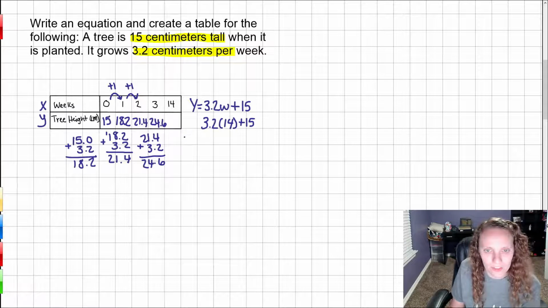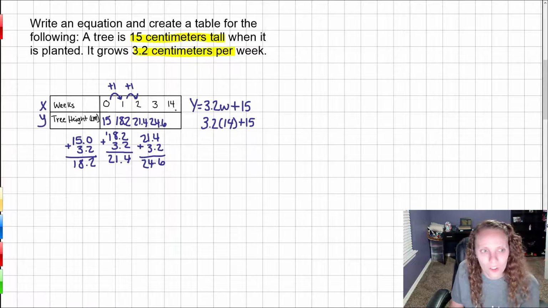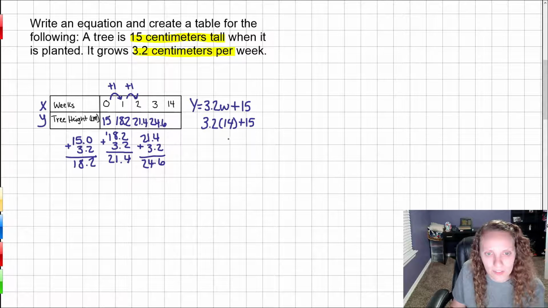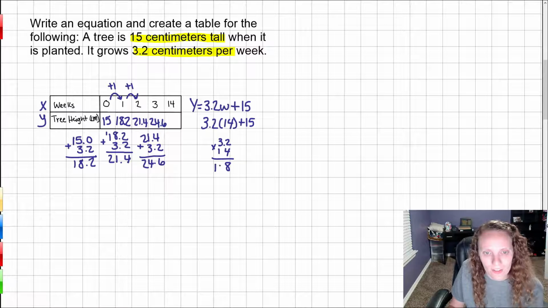So we need to work this out to figure out how tall the tree would be after 14 weeks. 4 times 2 is 8. 4 times 3 is 12. Add a 0. 1 times any number is itself.